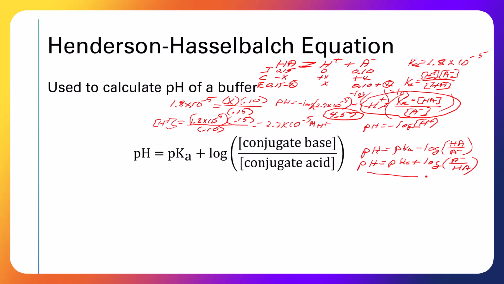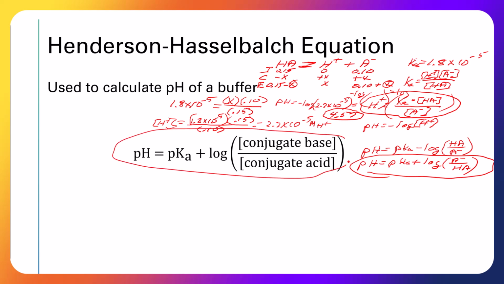This is the Henderson-Hasselbalch equation, which is right here. Now we're going to go ahead and plug the numbers in, make sure that it worked, just so we can prove that to you.